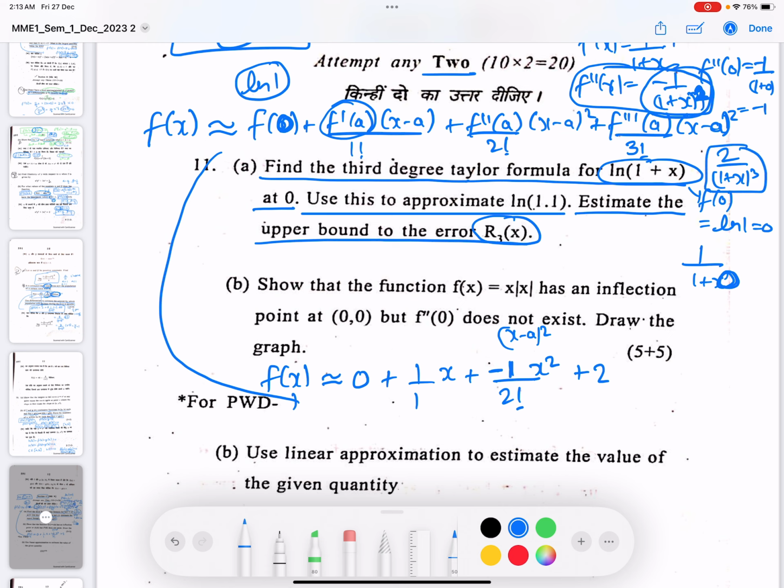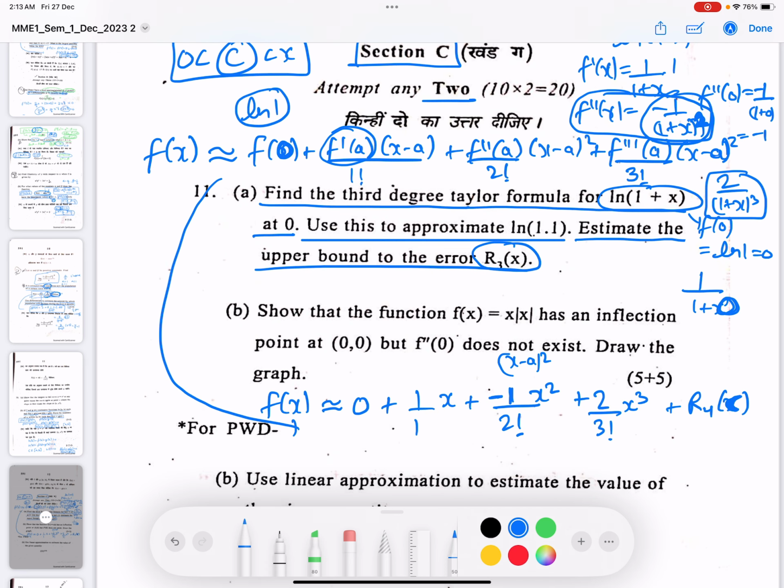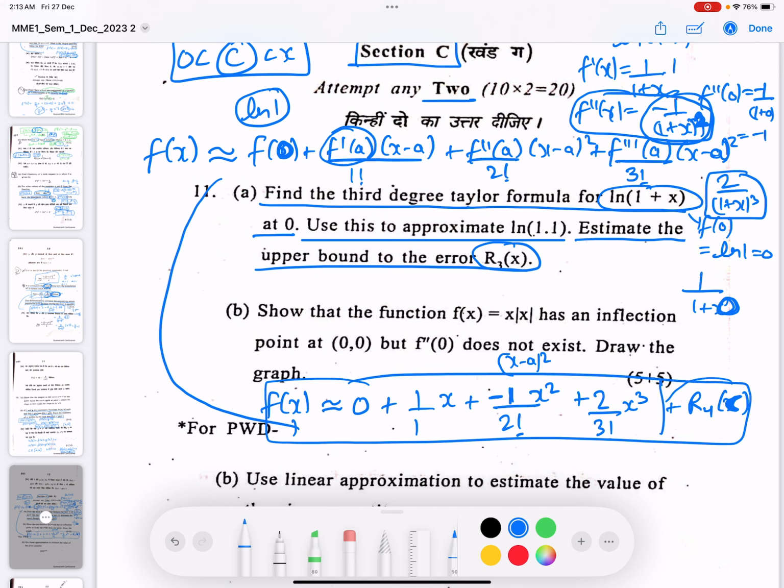You will solve this. So this would be 2 by 3 factorial into x cube, and then the remainder at c. So this would give you the third degree Taylor formula, except the remainder, for log(1 + x).